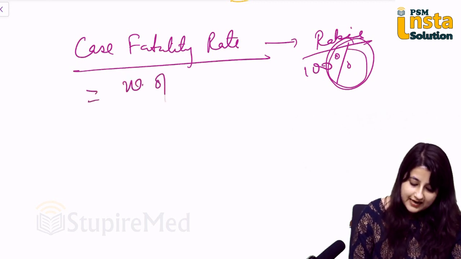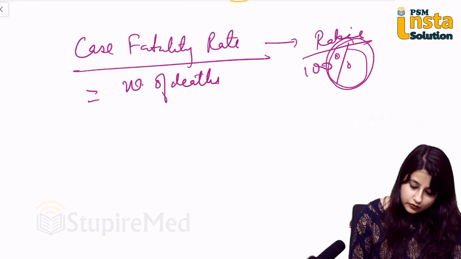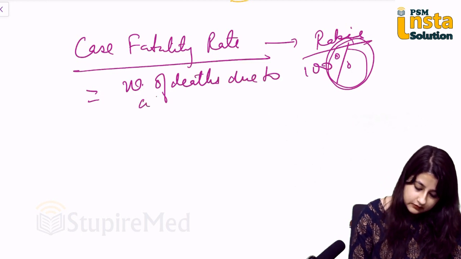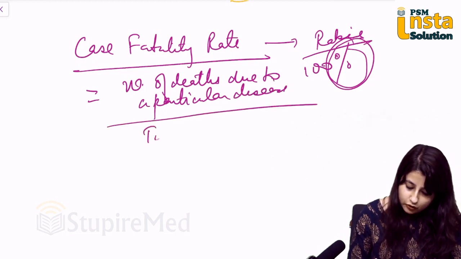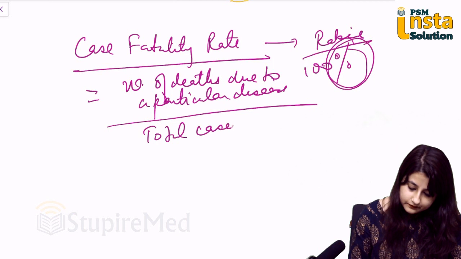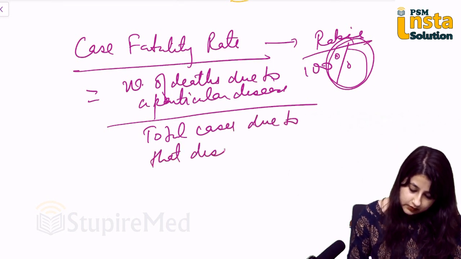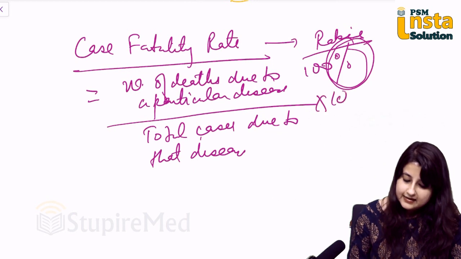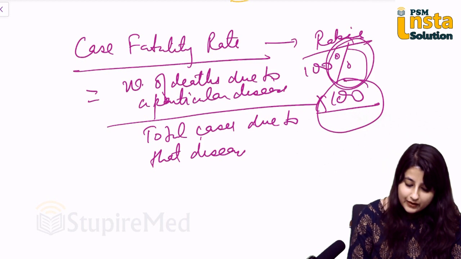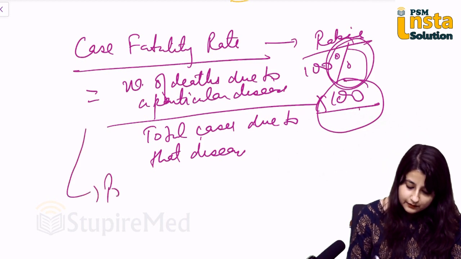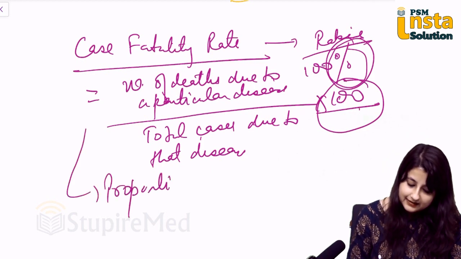The number of deaths due to a particular disease upon the total cases due to that disease into 100. So the multiplier is 100 here. That is why case fatality rate actually becomes a proportion. Am I clear to you?